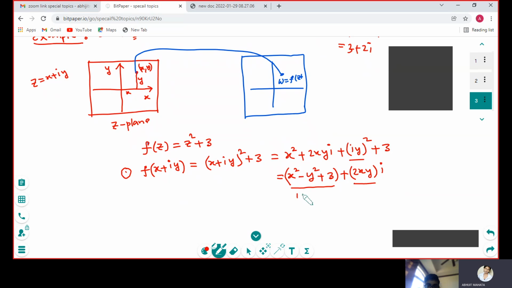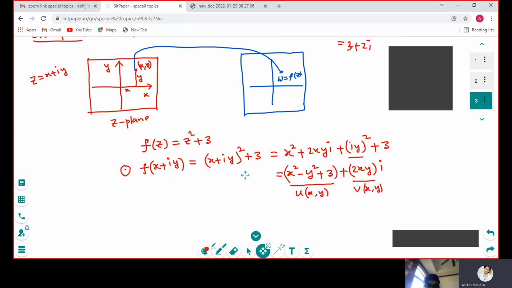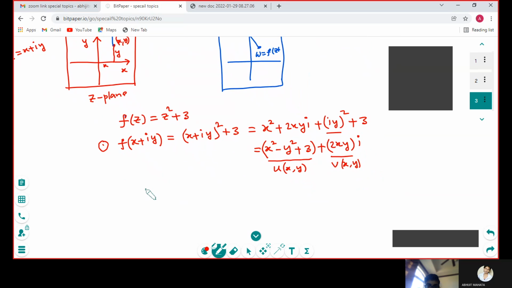So sometimes people write this u of x comma y, because it is a function of xy, and this is v of x comma y. Got it? So if you have a complex function, then you can always write f as u plus iv, where u is a function from R2 to R and v is a function from R2 to R, right?